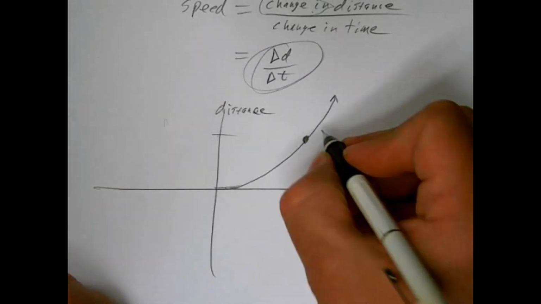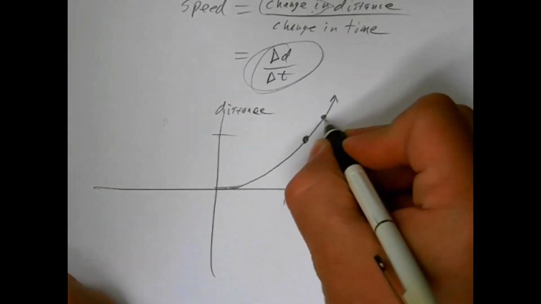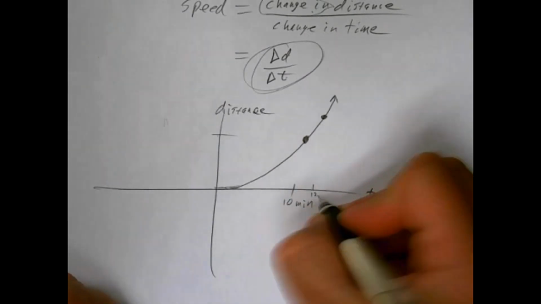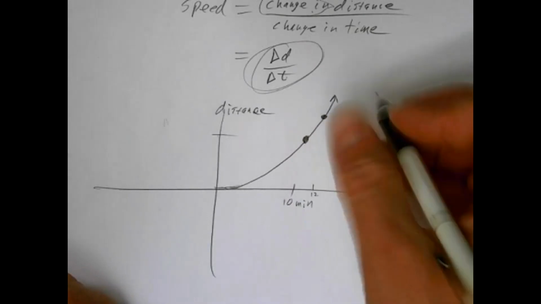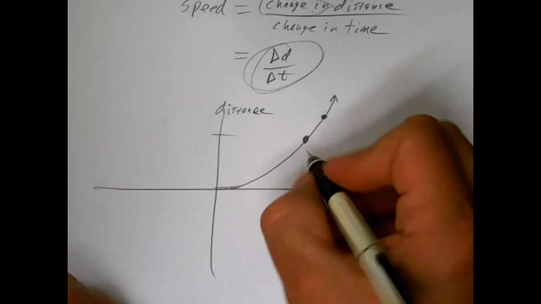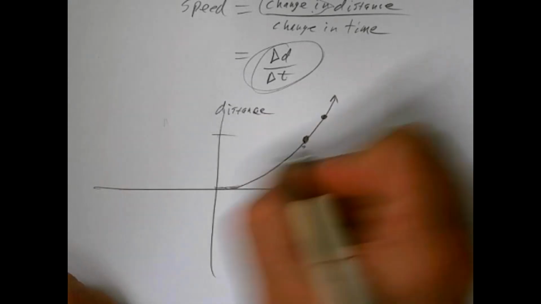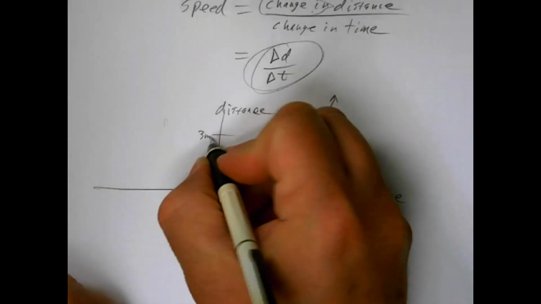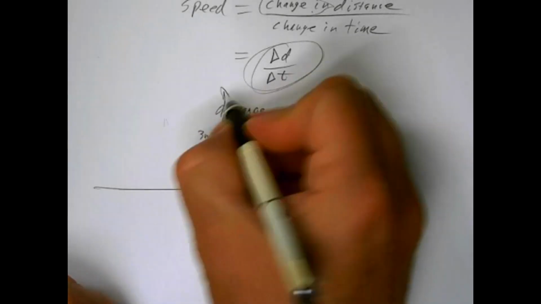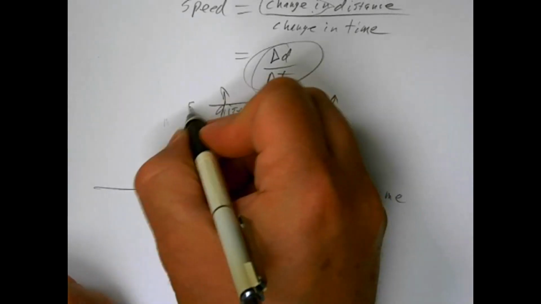So I'm going to pick a point right here. Let's say I'm going to pick a point that corresponds to 12 minutes. And let's say in 10 minutes, I've traveled, I don't know, 3 miles. And in 12 minutes, I'm now up to 5 miles.